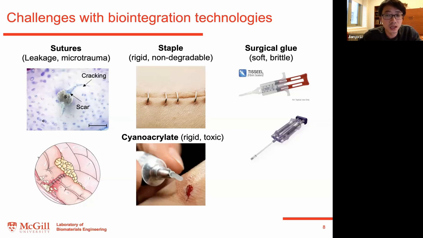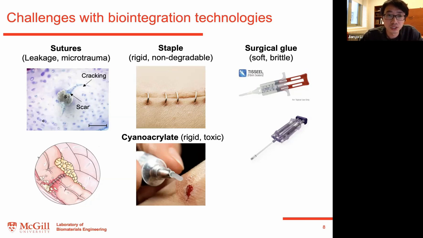Cyanoacrylate, super glue, is used for topical application, and it has been known to have a big toxicity effect and is not generally recommended for use inside the human body. And surgical glue is better in terms of biocompatibility, but it is very brittle. And if you carefully check those very famous products from Baxter, according to the instructions, it's not recommended to use alone. It has to be used together with the suturing technique.